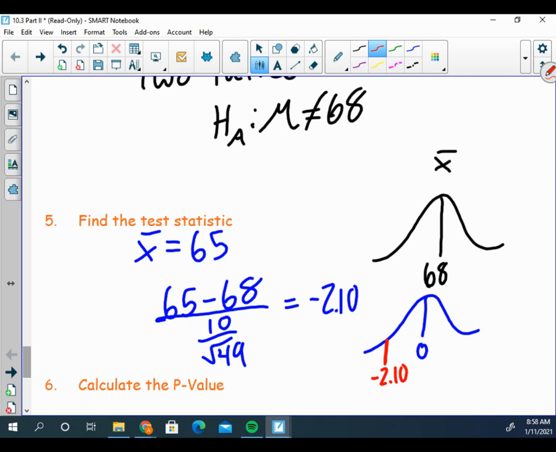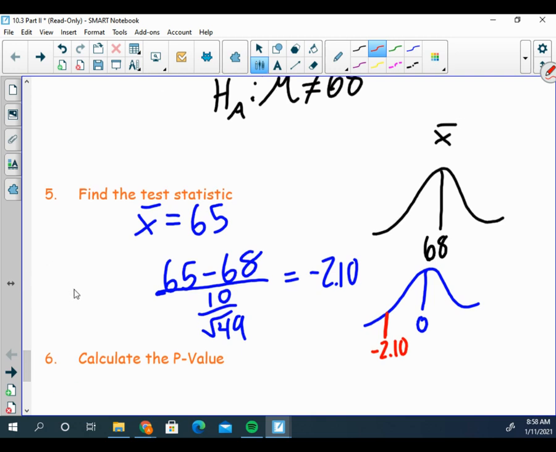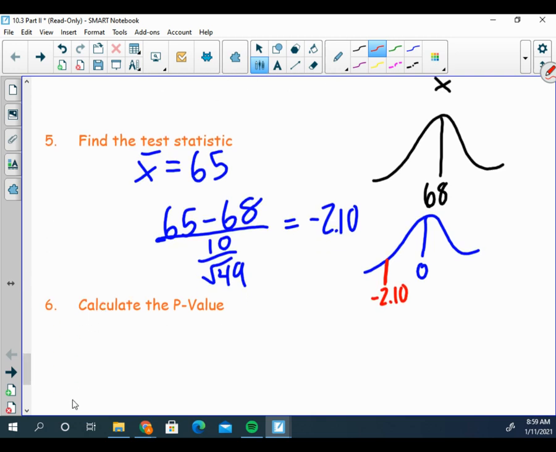Now this is where you got to be careful. And this is the new part when it comes to calculating the p-value, right? The idea here, when we think about a p-value, and don't miss this, it's the probability of getting a value as extreme or more extreme. We want to find the probability that something is 2.1 standard deviations away.